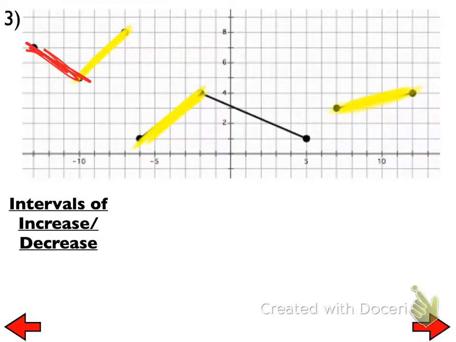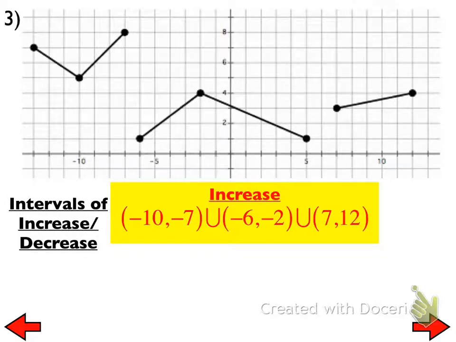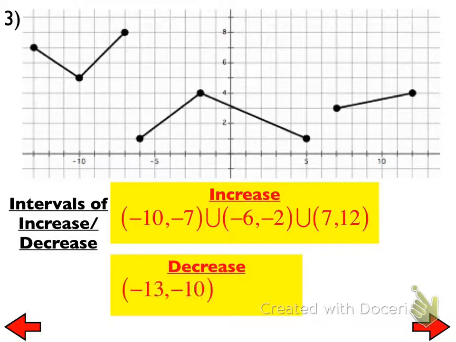And then here's one interval of decrease, and then there's another interval of decrease. So therefore, it is increasing from -10 to -7, and then from -6 to -2, and then from 7 to 12, and decreasing from -13 to -10, and then from -2 to 5. Okay?